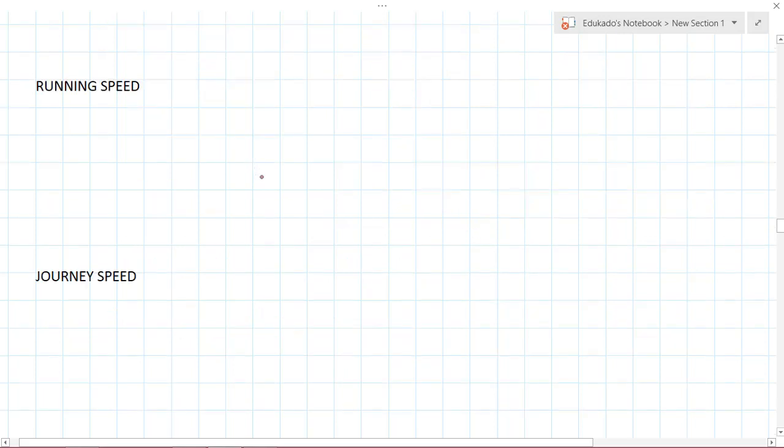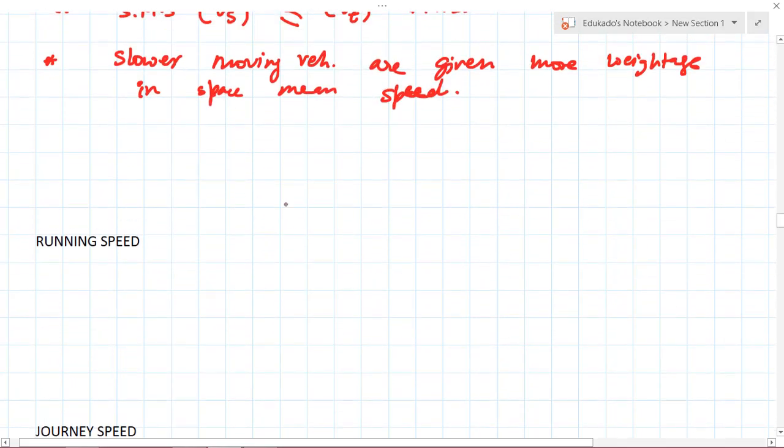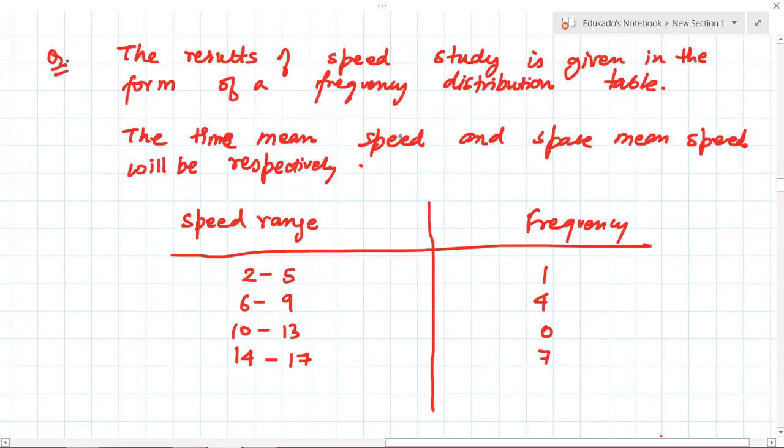Alright. Now I think we should discuss one of the questions that came in GATE about this. As you can see, the results of a speed study are given in the form of a frequency distribution table. The speed ranges are 2 to 5, 6 to 9, 10 to 13, 14 to 17.